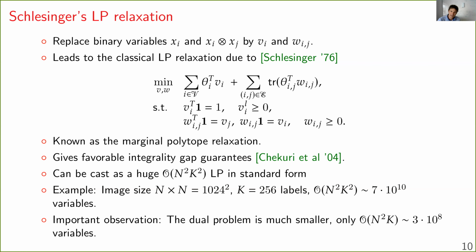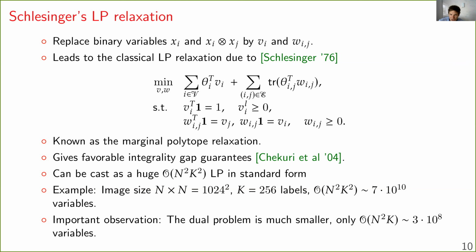And then in order to keep the problem as well connected to the previous problem as possible, we need to introduce certain constraints. For example, that vi lives in the unit simplex, and also these marginalization constraints. If you sum up this wij matrix in one direction, it must give vj, and in the other direction, it must give vi, and also wij must be greater or equal to 0.